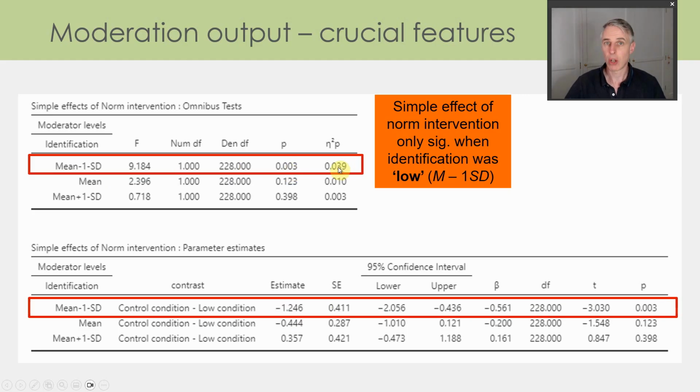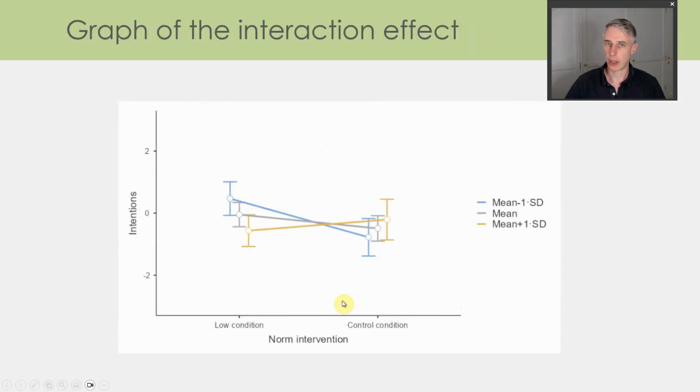Really, it doesn't matter functionally which of those you do, as long as it's consistent. But in terms of the actual substance of the effects here, it looks like, against the prediction, the effect of the norm intervention was only significant when identification was low, not when it was high or at its mean level.